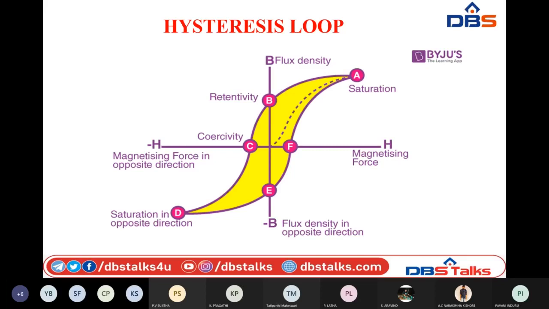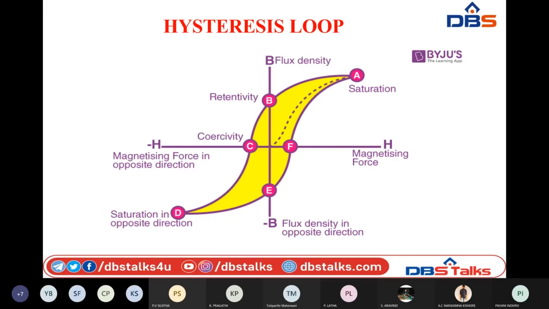If we keep decreasing the magnetizing force in the negative direction, the magnetic flux density decreases further and finally attains a saturation point in the opposite direction at point B. This is known as saturation in the opposite direction.